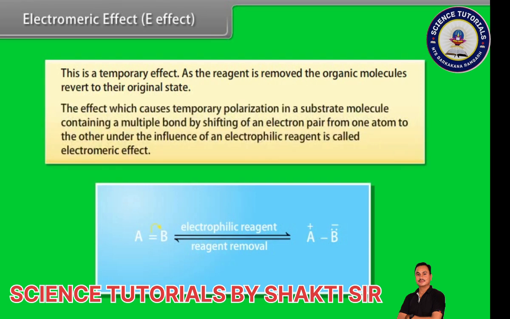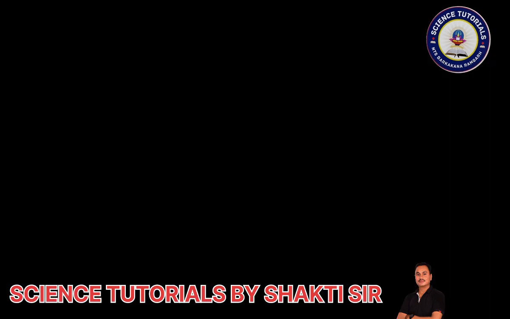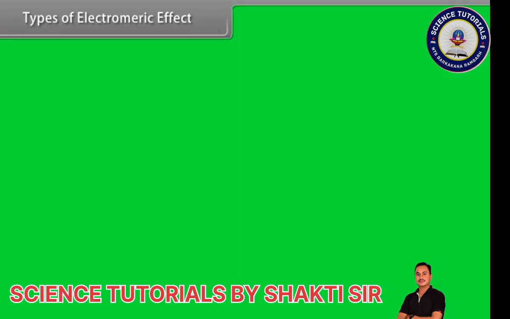The effect which causes temporary polarization in a substrate molecule containing a multiple bond by shifting of an electron pair from one atom to the other under the influence of an electrophilic reagent is called electromeric effect. Types of electromeric effect.